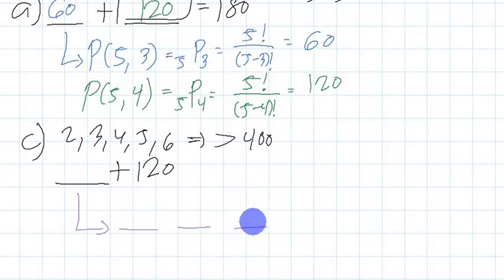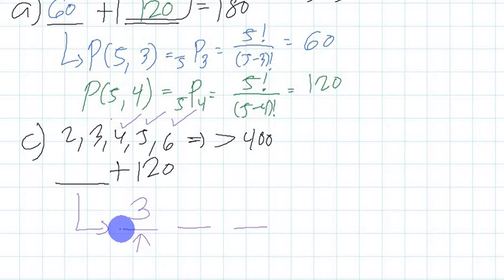We can't immediately use the permutation of 5 taken 3 because some of them are smaller than 400. It will be possible that the 3-digit number is bigger than 400 if the first digit, the hundreds digit, can be either 4, 5, or 6. Because once I place any of those here, for sure it's bigger than 400. So I have 3 possible options for the hundreds digit.